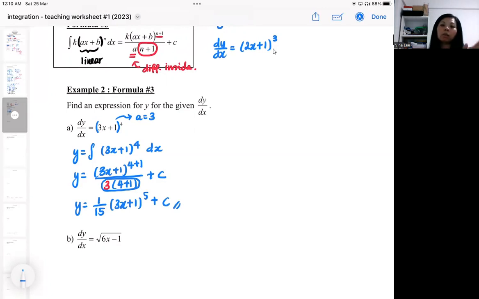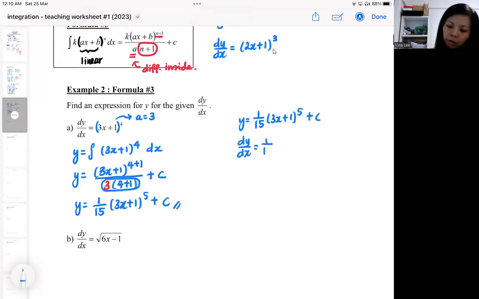So you can use your answer and try to do a bring down power, minus power, and you differentiate inside. 1 over 15, bring down power, minus power, and then differentiate inside. Okay, you see what you get. You realize that you get back the 3x plus 1 power 4.